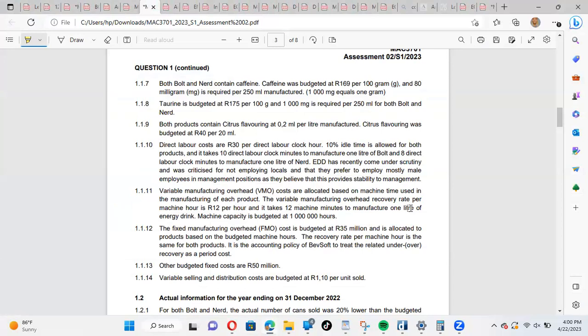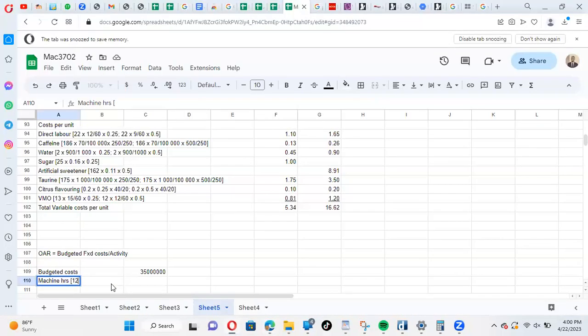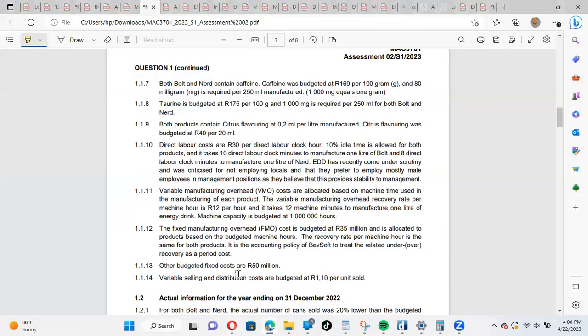So the correct calculation is 12 divided by 60, because we want to look at what we budgeted to produce. It was times 10. All right, wait, let's check this again. Oh, it was 10, sorry, it was 10.